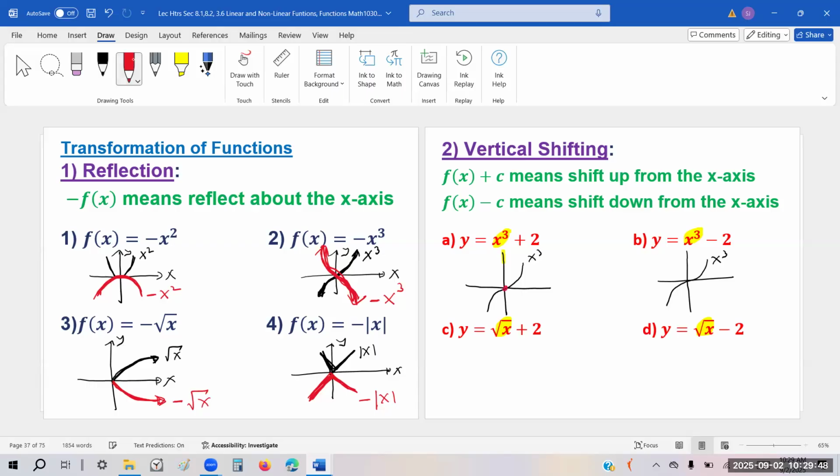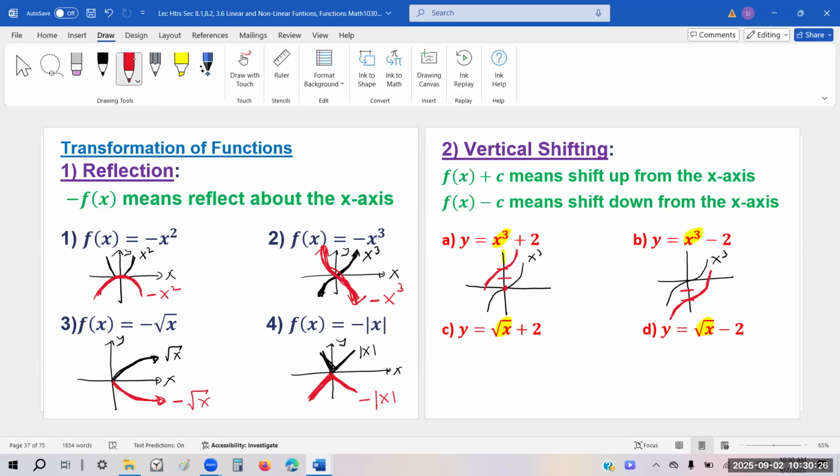So this point here goes 1 up, 2 up, and you do the exact same graph, but a little bit up here. This is your x cube plus 2. This one you're moving 2 units down. So this origin is 2 units downward, and then you draw the same graph, but here. And the line keeps going on forever.